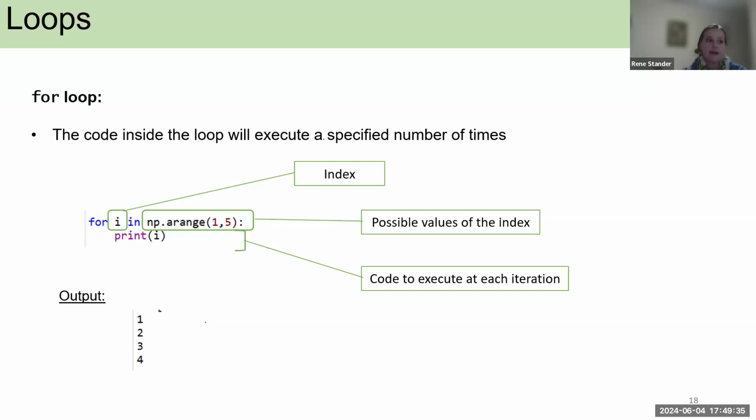I will say it a few more times. That is something in Python. The first value in the range is included and the last one is excluded. So this list is actually 1, 2, 3, 4. So that's something we should be mindful of.